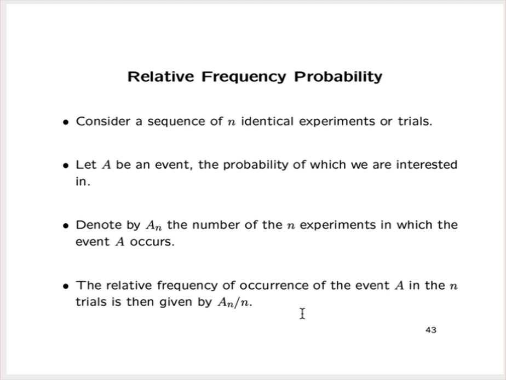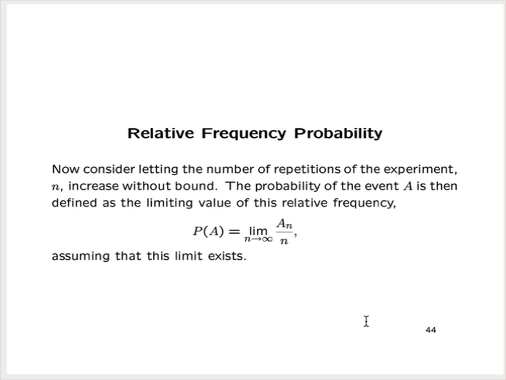Now, with that, what's called the relative frequency of occurrence of the event A in the n trials is then given by the ratio of A sub n over n. All right, so it's just the proportion of times out of the n trials that the event A occurs. Now let's consider letting the number of repetitions of the experiment, denoted by n, increase without bound.